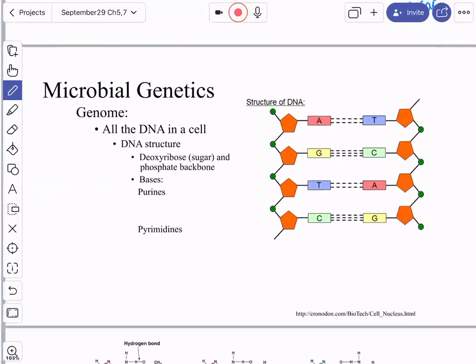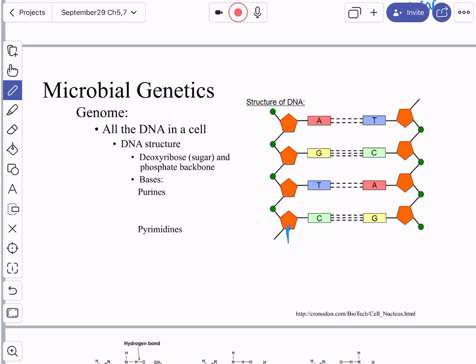So, all right. I don't know if that was hard or easy for you, but let's look at the structure of DNA. This should be review. Of course, we're talking about the genome of a cell. That just means all the DNA in a cell. If you look at the structure here, we've got these 5-carbon sugars, deoxyribose sugars, forming what we call the backbone that alternates with the phosphates.